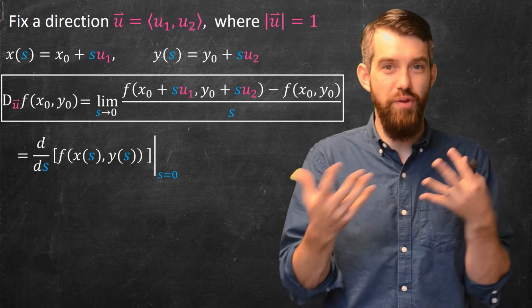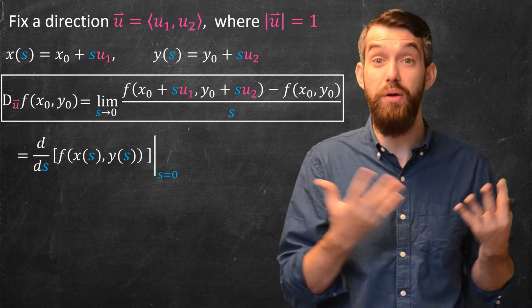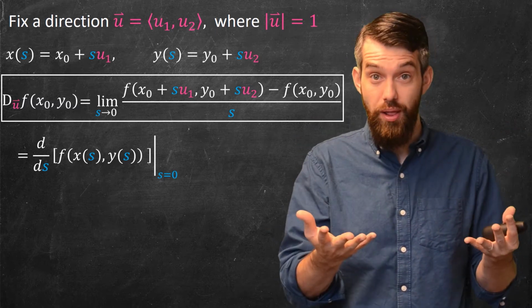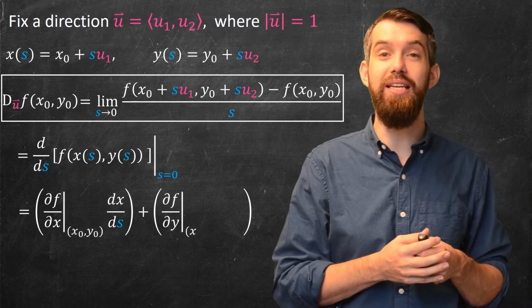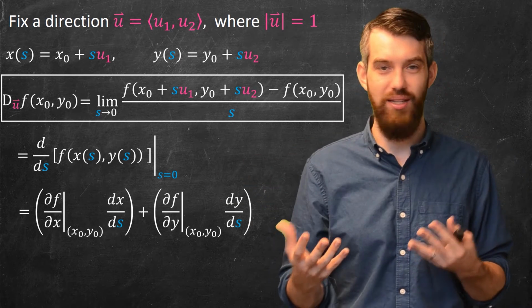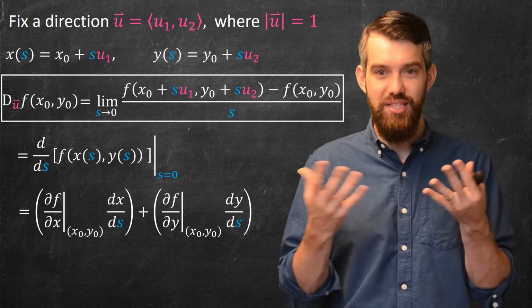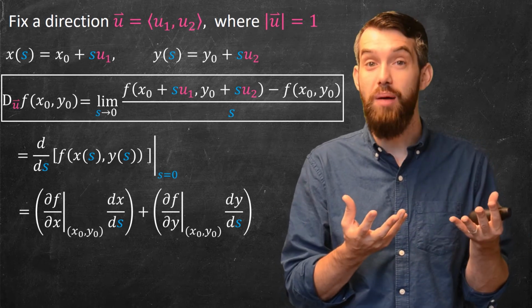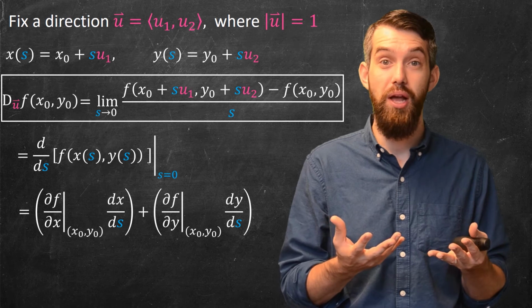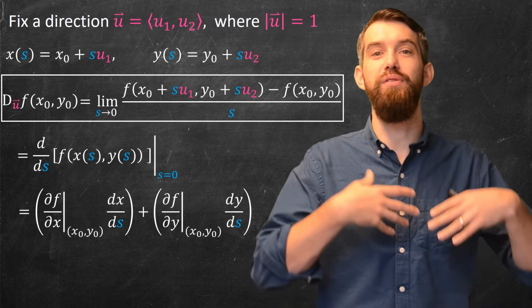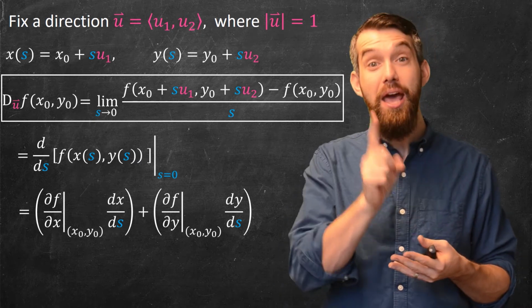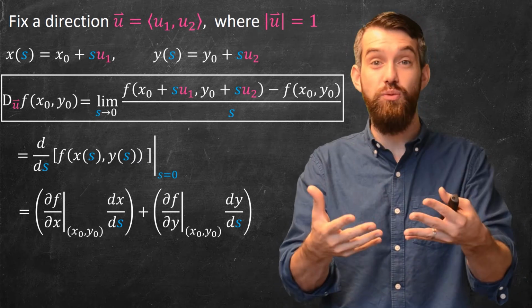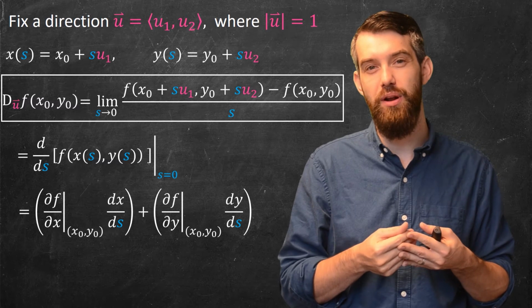Well, this is a derivative of a composition, and we know how to deal with the derivative of a composition: chain rule. So when I apply chain rule to this expression, what I'm going to get is the sum of 2 things. Looks a bit messy, but it's the sum of 2 things, and each of those is the product of 2 derivatives. So first, I take the derivative of f with respect to x, evaluated at x naught, y naught. And then I multiply by the derivative of x with respect to s, the independent variable.